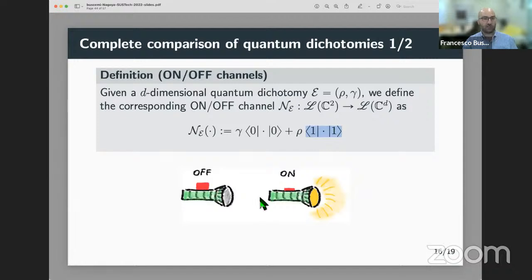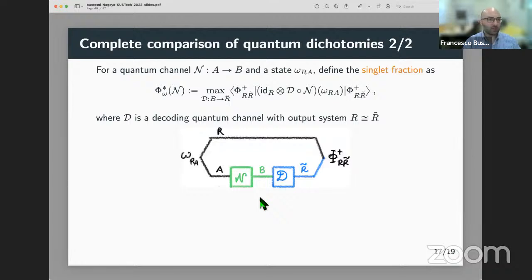Okay, so you have a channel now, you make a dichotomy into a channel, and now you can consider this kind of problem. A problem that is about distilling a singlet state, a singlet fraction. So before, you remember that there were these problems in which Alice and Bob had to guess correctly a classical message.